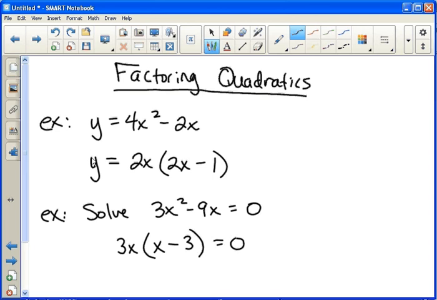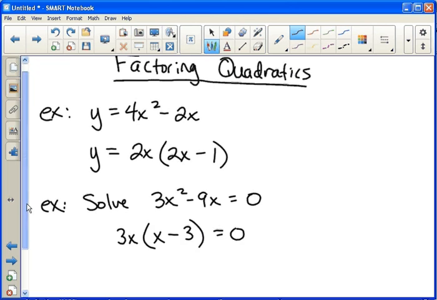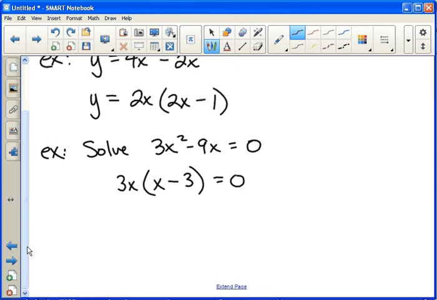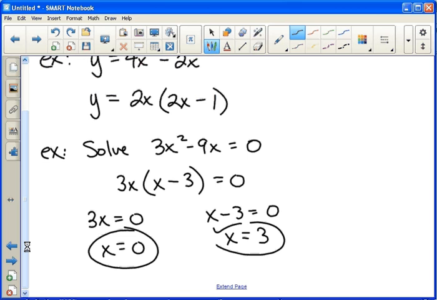So I have 3x times (x minus 3) equals 0. So if you remember, as long as one or the other piece equals 0, this whole thing is 0. So then we set both pieces equal to 0. Divide both sides by 3 over here and you get x equals 0. Add 3 to both sides here and you get x equals 3. So we would get x equals 0 and x equals 3.